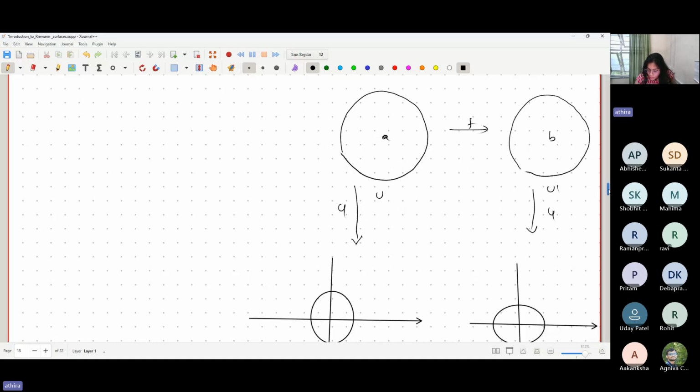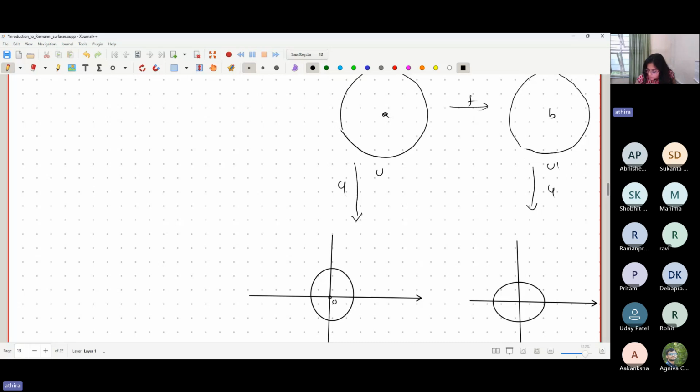This A is mapping to 0 and B is also mapping to 0. This is the map psi composite F composite with phi inverse. This is mapped from some open subset of 0 to an open subset of 0.